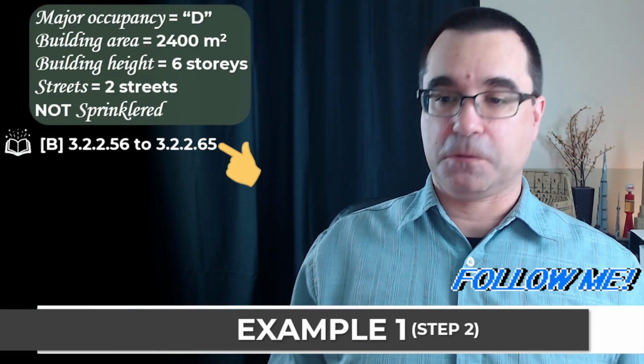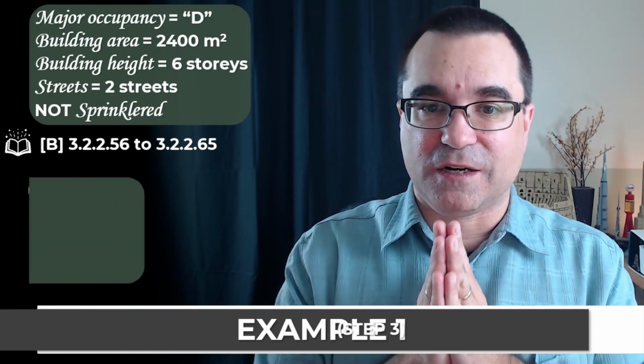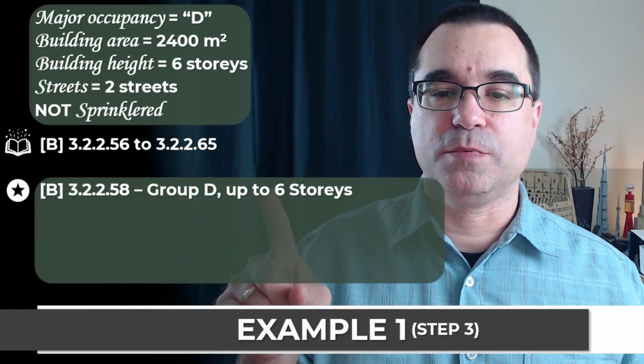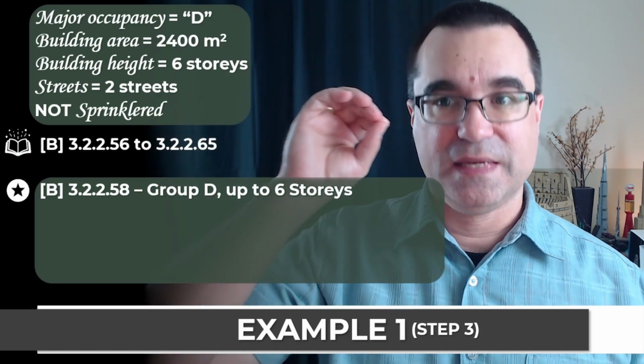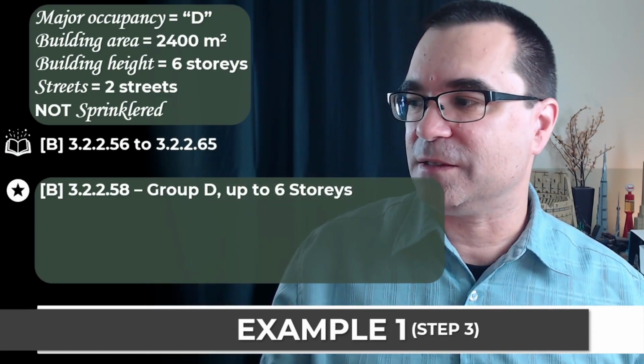So let's come back to our question right here. We identify that the correct article out of all of this is 58, Group D up to 6 stories. And that's because we went inside sentence 1 to make sure that the conditions were met.